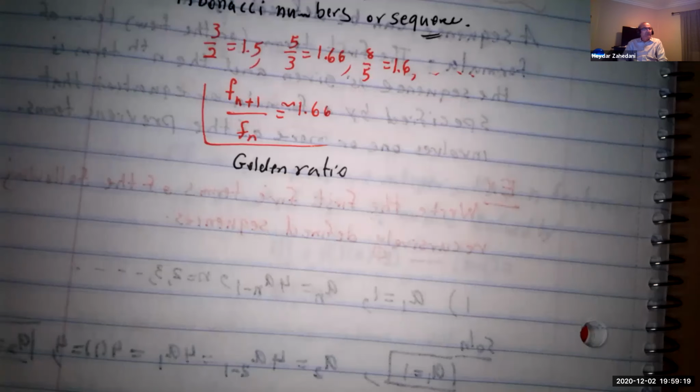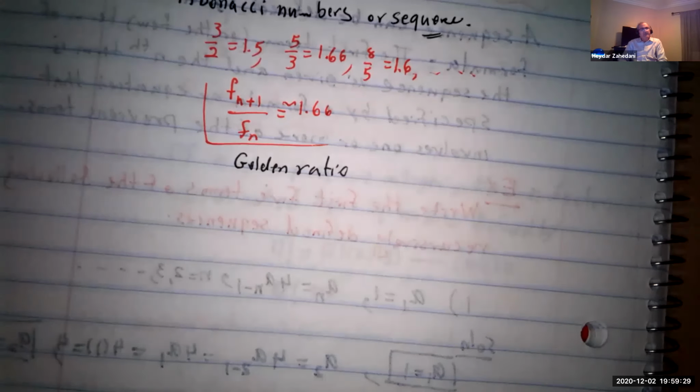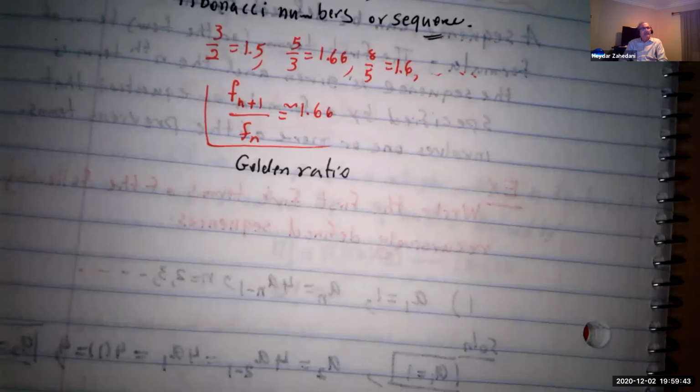So it's all over the place. If you want to buy a monitor for your computer or a TV set, if it satisfies the golden ratio, it looks nice. Okay, there are many arguments about that. For example, the Mona Lisa painting satisfies this type of idea quite a lot.